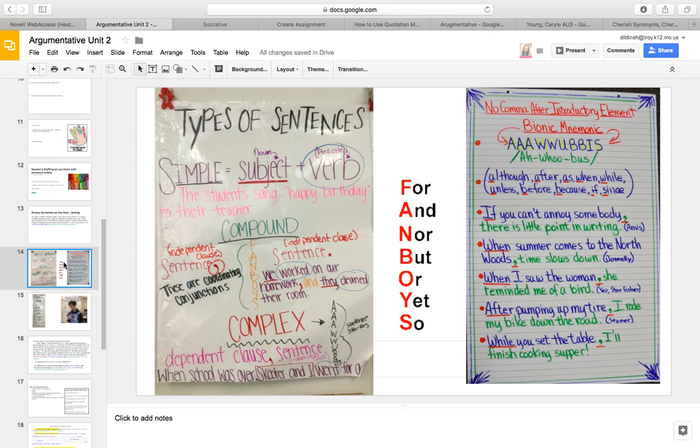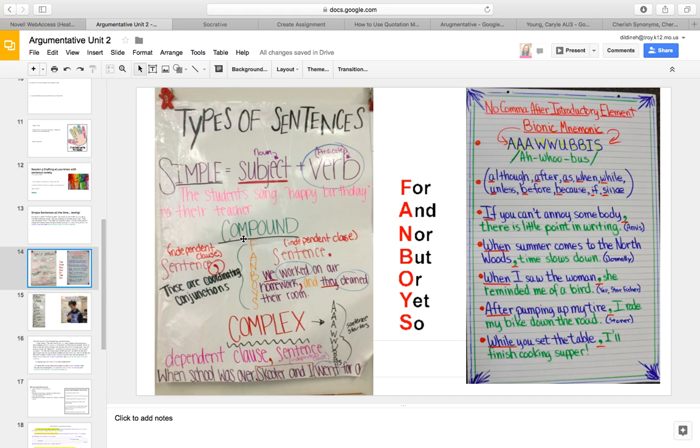Now, I'm not going to go over in detail the types of sentences. I have another video for that on Canvas that you can link to, to see what exactly a simple sentence is, a compound, and a complex sentence is. But just real briefly, a simple sentence is where it just has a noun and the predicate. A compound is one that uses FANBOYS, okay?